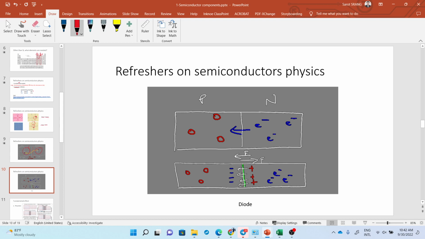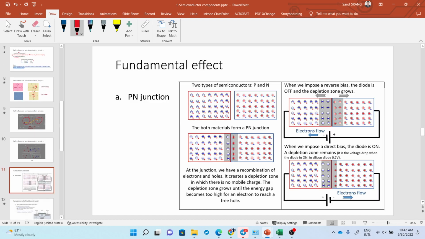It's like this. And so then if you apply voltage to the semiconductor here, if you connect the negative polarity to the p-type and the positive polarity to the n-type like this, what happened?